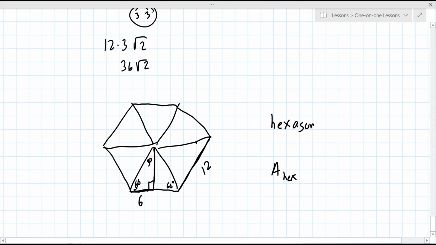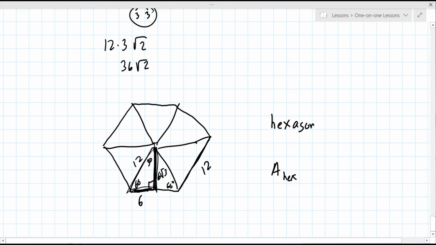All you have to do is find the area of one of these triangles and then multiply it by 6, or find one of these smaller triangles and then double it. You have to find the long leg here. If they give you the short leg 6, the long leg is 6 square root 3. And then the hypotenuse is 12. Oh, they give you the hypotenuse? Well, yeah, because it's an equilateral triangle.